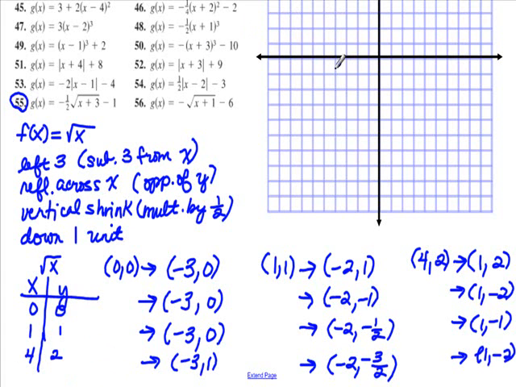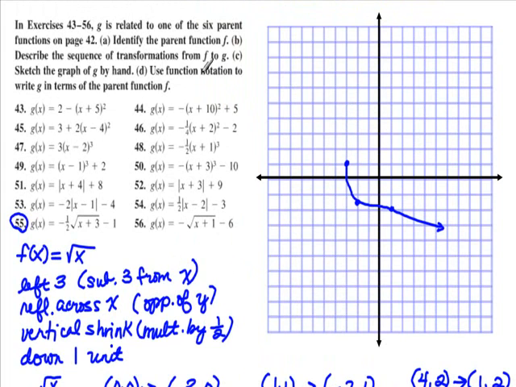So if we have now the point -3, 1, -2, -3/2, and 1, -2. So this would look like, oops, sorry about that. That basic square root function that looks like this, okay? And you can confirm that on the graphing calculator.